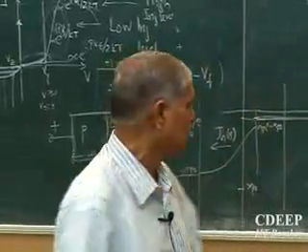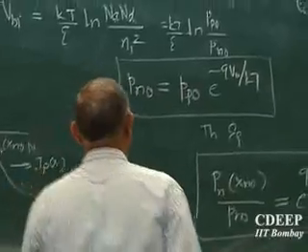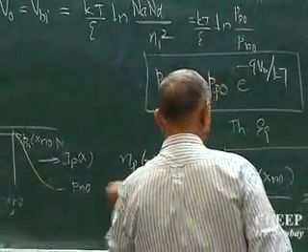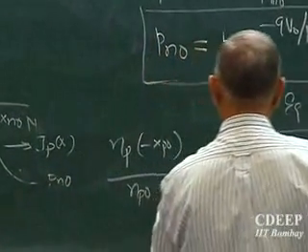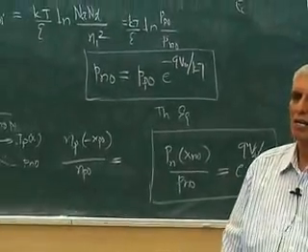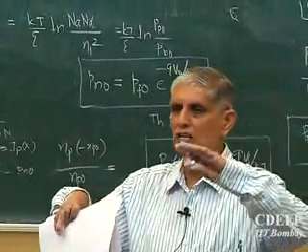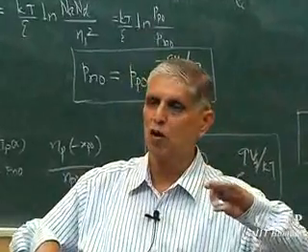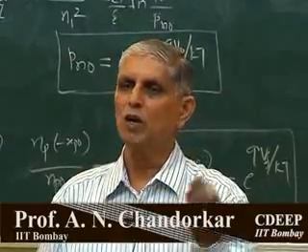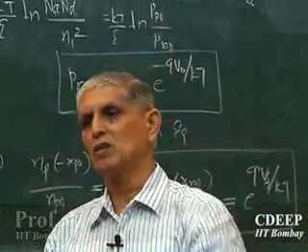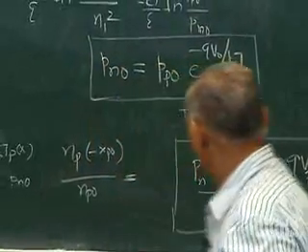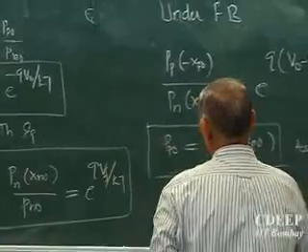By similar argument, what should be the other side? n_s of p at minus x_p0 divided by n_p0 is also equal to e to the power qVf by kT. So the electron concentration on the P side will rise from its n_p0 value by e to the power of that. In the same way, holes on the N side will rise exponentially with voltage by e to the power qVf by kT. So now I have boundary conditions available.